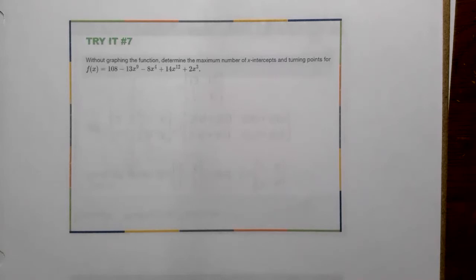I'm going to read it to you. It's f of x equals 108 minus 13x to the power 9 minus 8x to the power 4 plus 12x to the power 12 plus 2x cubed. Pause here if you have to, and we're going to continue.